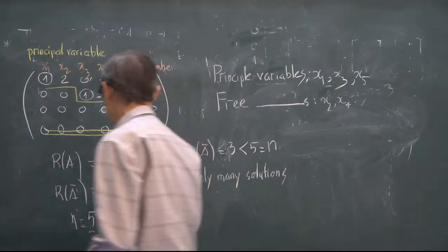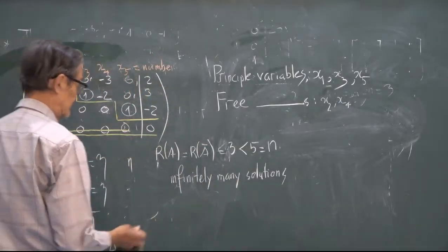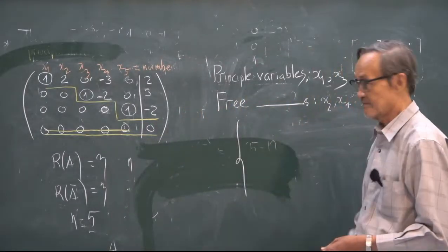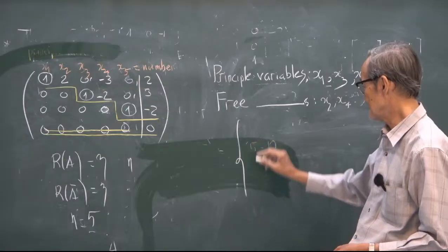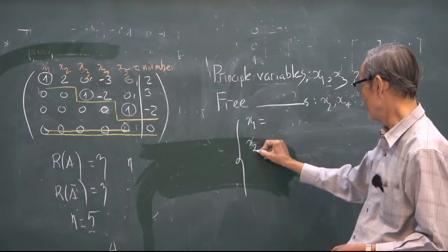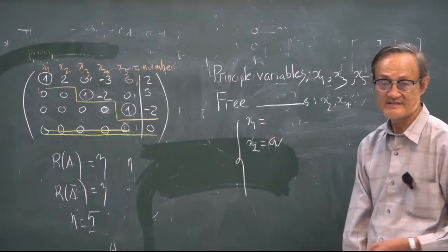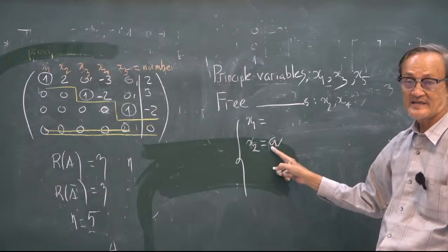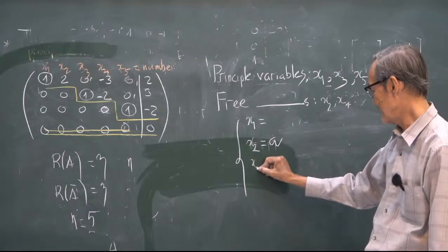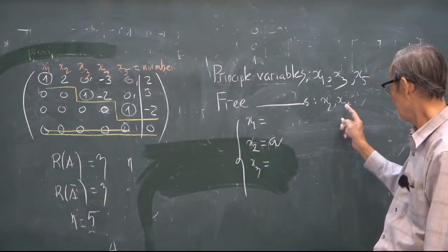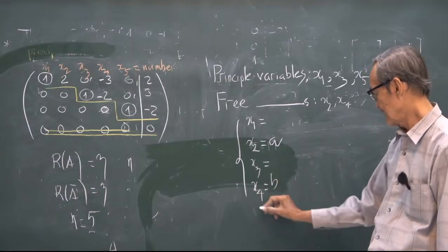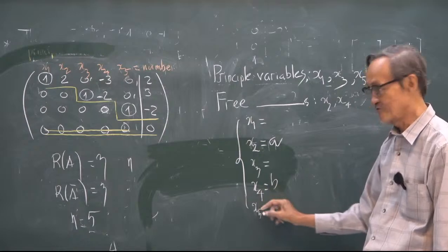So the formula for the solution: x1 we have to find, x2 is free, equal to an arbitrary number a, x3 we have to find, x4 is b, arbitrary, and x5 we have to find.